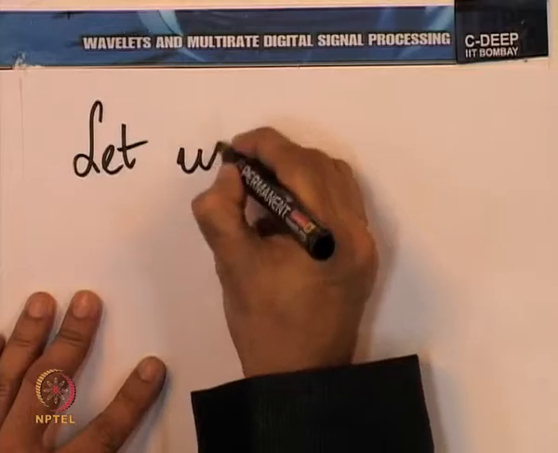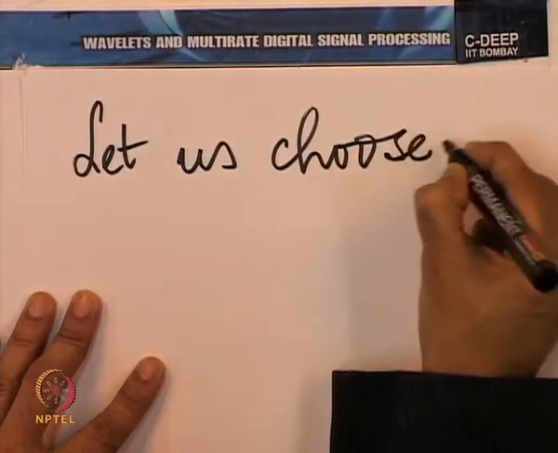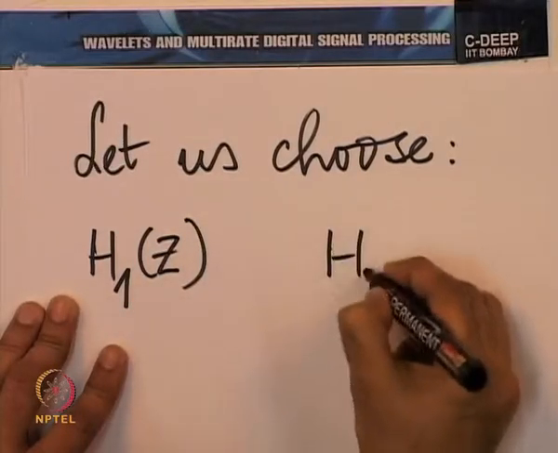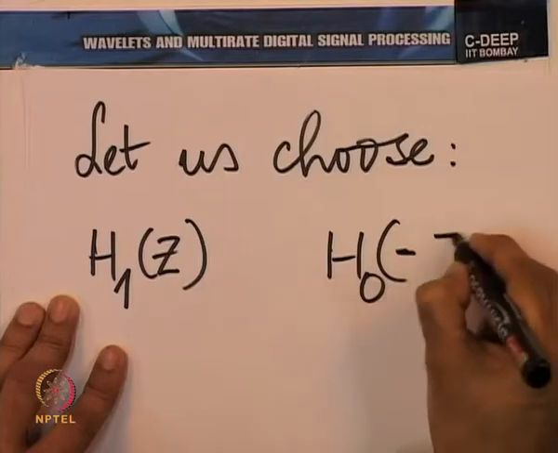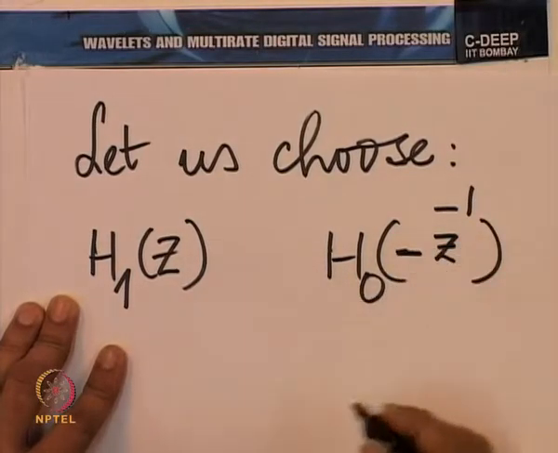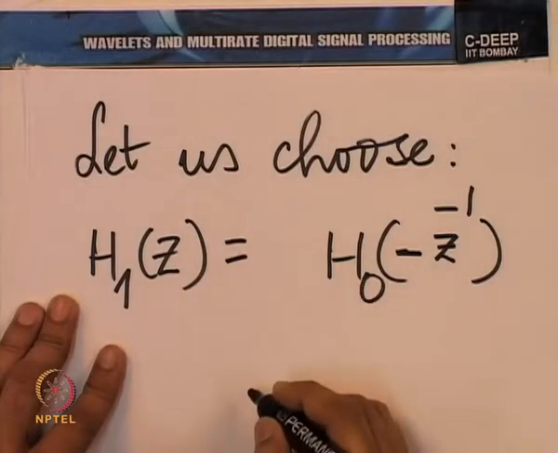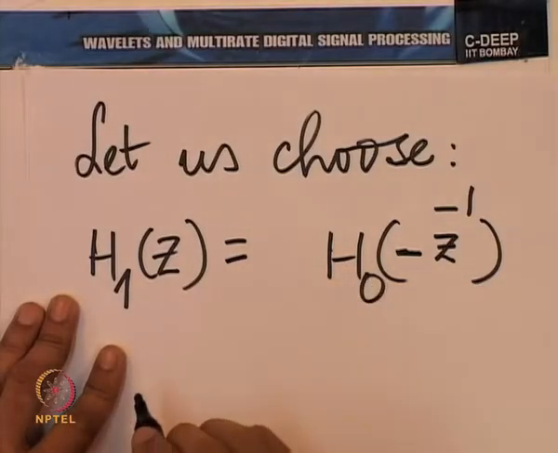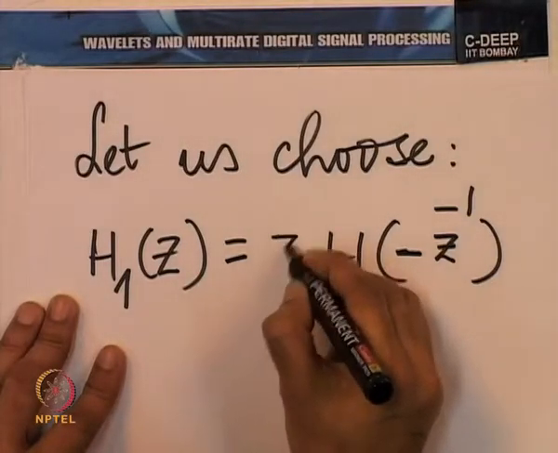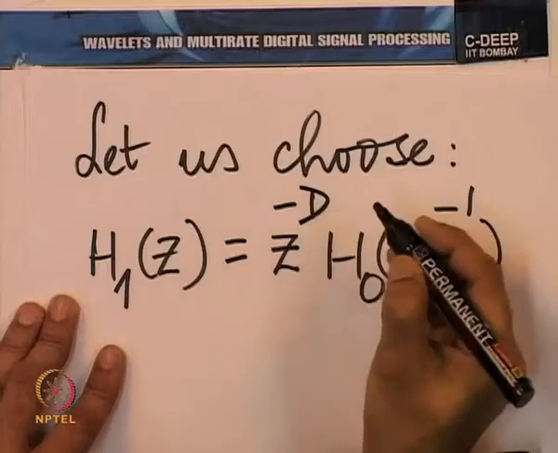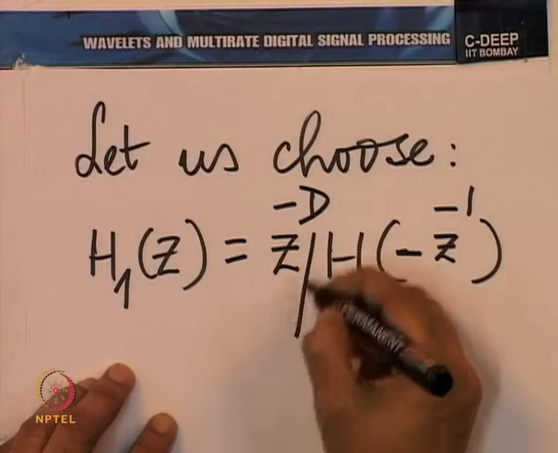So, let us choose H1 z not to be H0 of minus z, but H0 of minus z inverse. And we will also allow for the possibility of a z raised to the power d here. So, we will say minus d. We will allow for this possibility.